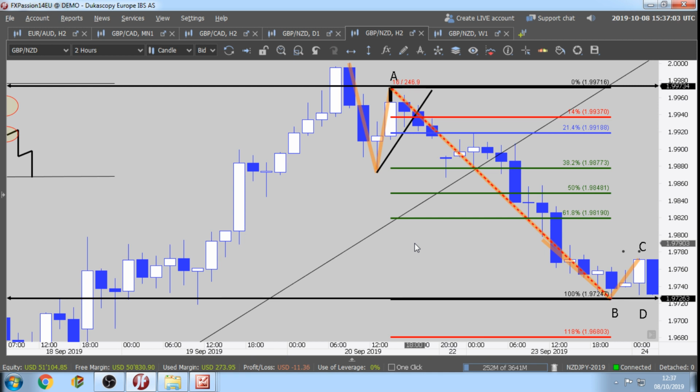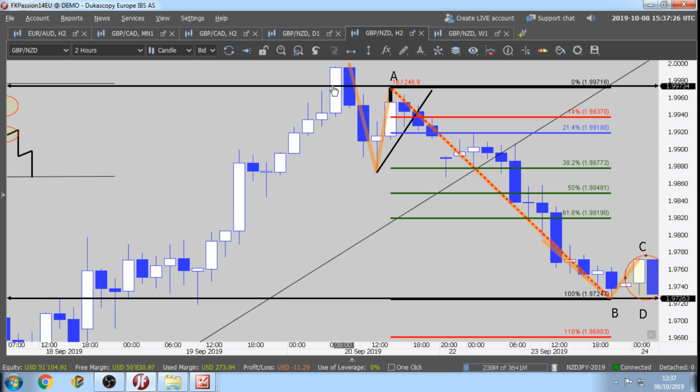Now, I have a down Fibonacci, and I have a bearish candlestick formation. Should I enter or not, everybody? Should I sell the market? This is the live market. It's happening right now, GBP NZD 2-hour chart.